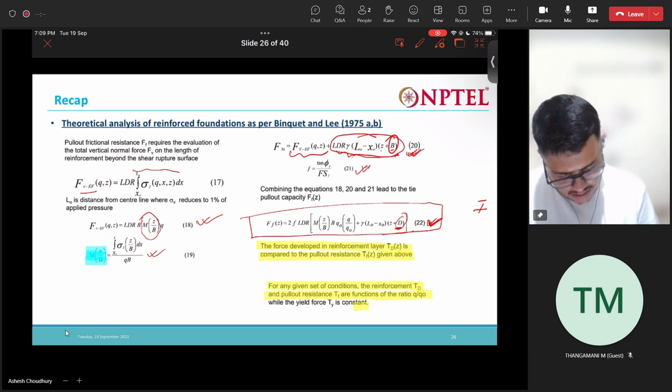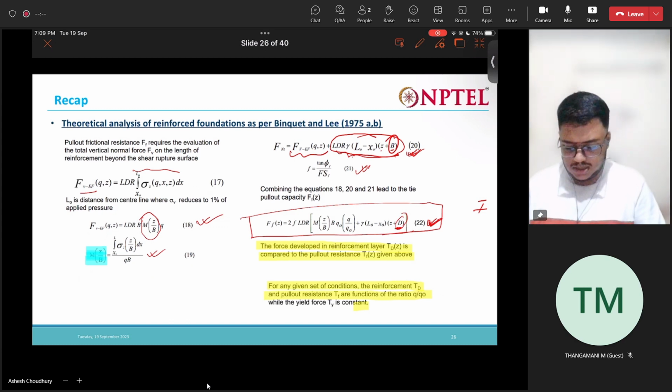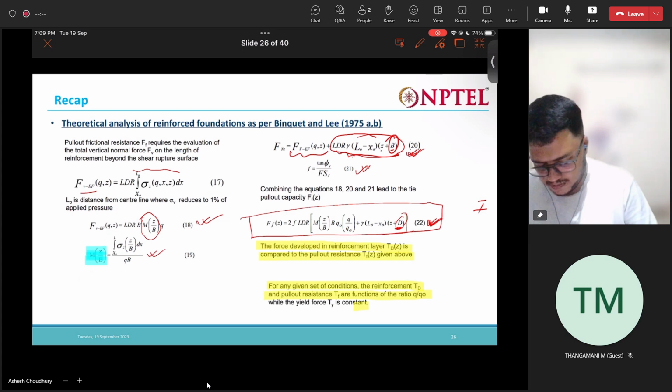Yeah, I think this should be Z plus D. Give me a second, I will check that if I can get this paper. Because B here they have used as width, right? And D should be the depth of the footing.